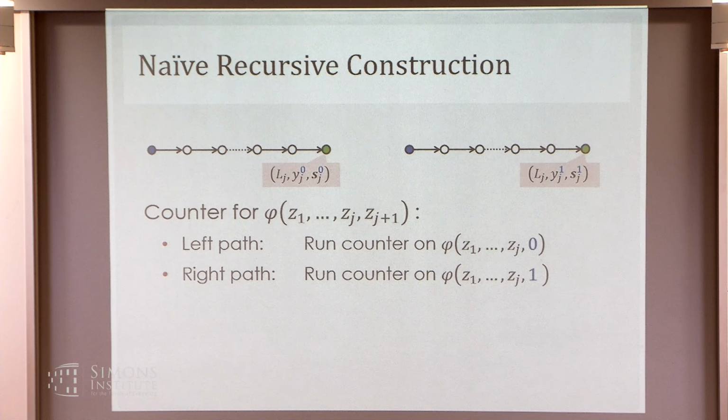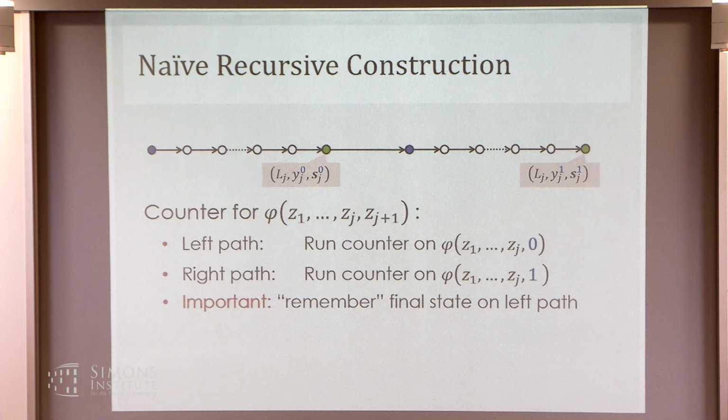But it's not as simple as it looks. The point is that while I'm counting over here, I can't forget the assignments on the right side. If we think about this as a recursion, while I'm counting on the right side, I can't forget the answer for the solutions that end with 0, and I can't forget the proof. So I have to keep that in memory, if I want it to be incrementally verifiable.